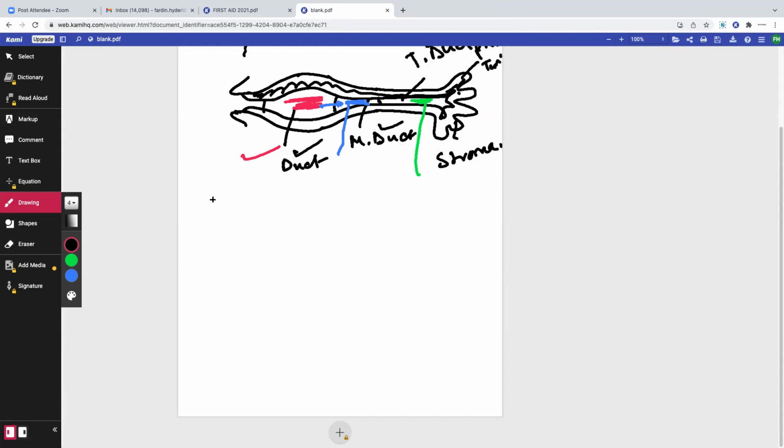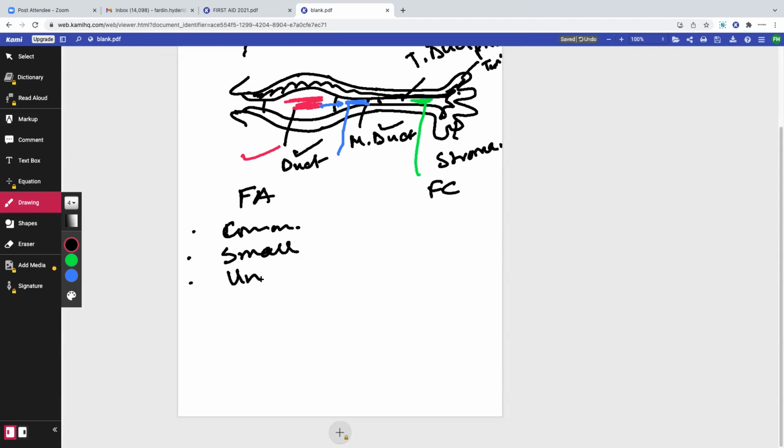So fibroadenoma is the most common benign tumor. If I talk about the tumor, fibroadenoma is very common, and it is a small tumor.